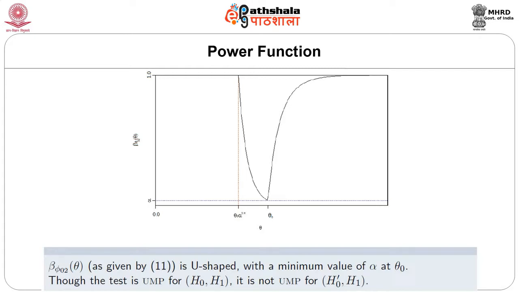Though this test is uniformly most powerful for testing theta equal to theta naught versus theta greater than theta naught, it is not uniformly most powerful for testing theta less than or equal to theta naught against theta strictly greater than theta naught. So, in this module we have shown that the uniformly most powerful test for testing a composite null hypothesis like theta less than or equal to theta naught against theta greater than theta naught is not unique.